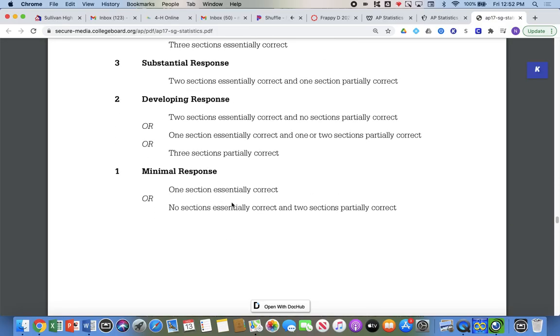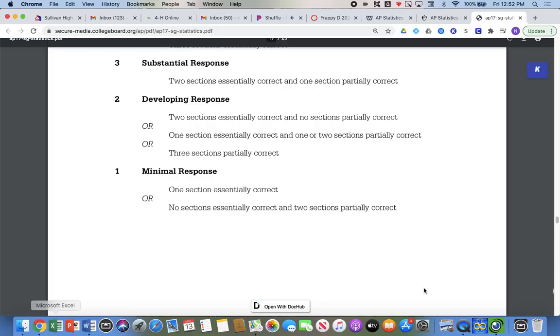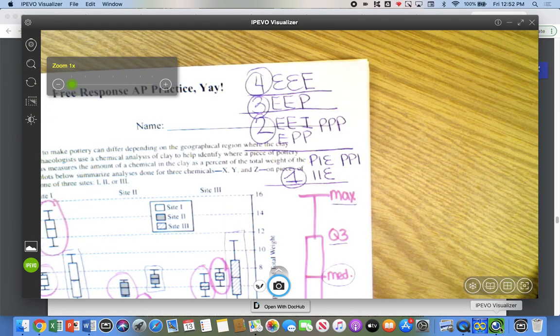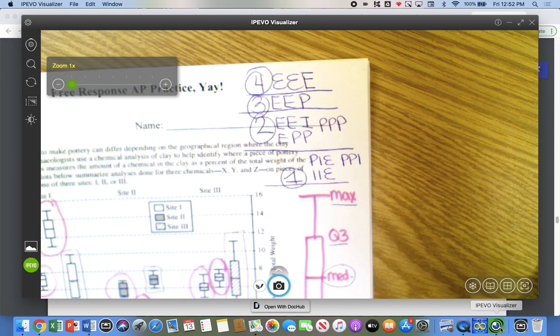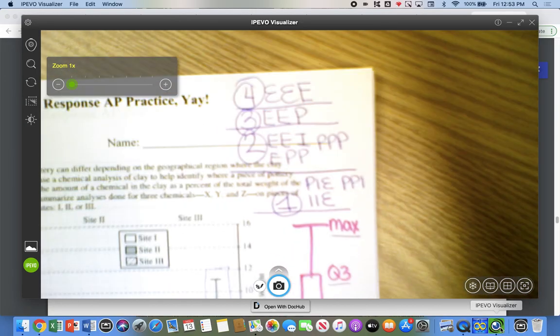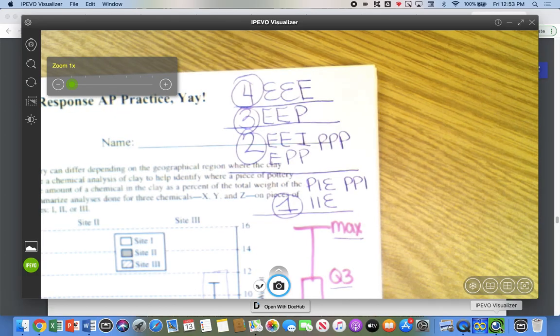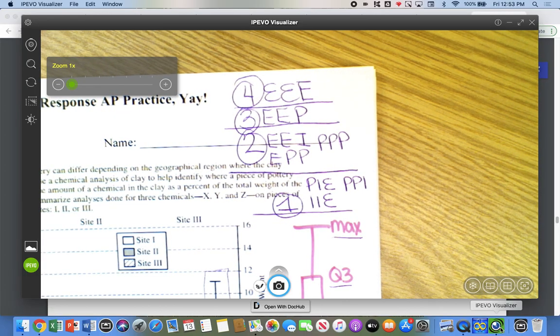And then a 1 is if you have only 1 E in the rest, like if you have PIE or IIE, and then PPI. I kind of wrote it with E's and P's. So find your combination, and if you got any other combination, it's a 0.